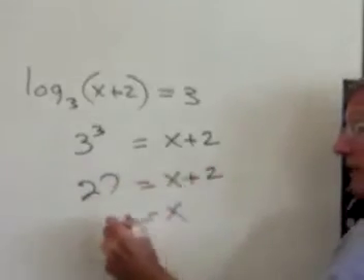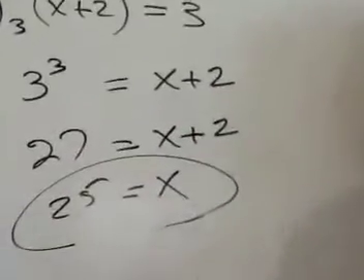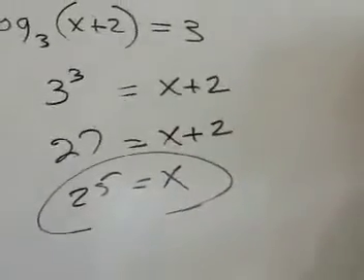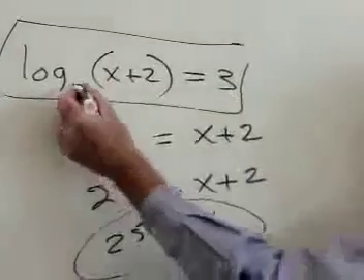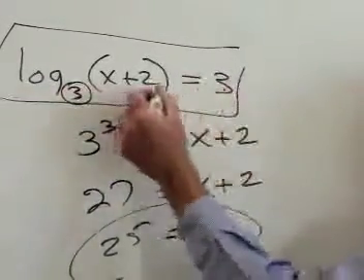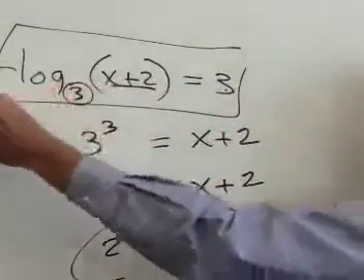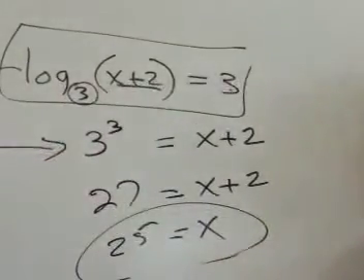So x itself, if I subtract 2, is 25. It's actually fairly easy to solve a log equation if you have a base and an exponent and then you have your result here. You just turn it into an exponential statement.